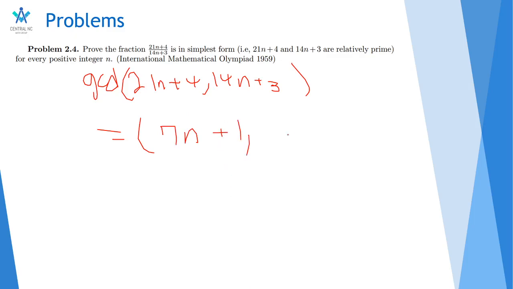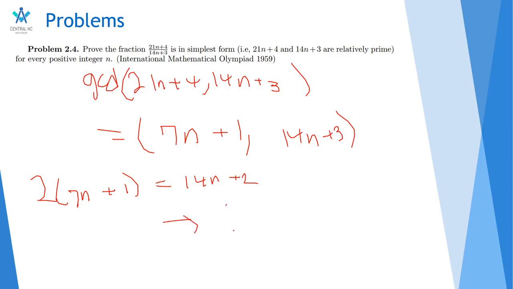And that is 14n plus 3. Let's do the same thing here. However, we can subtract two multiples of 7n plus 1, since 2 times 7n plus 1 is equal to 14n plus 2. So we can subtract 14n plus 2 from 14n plus 3, which is clearly just 1.